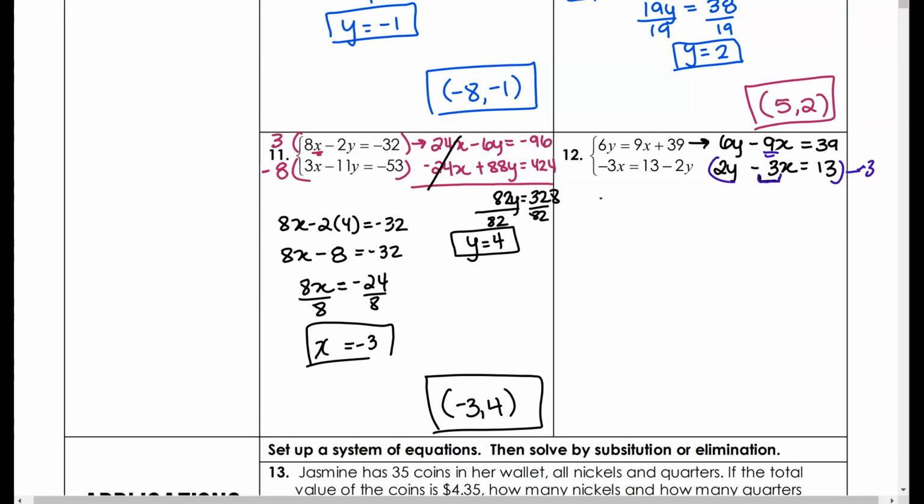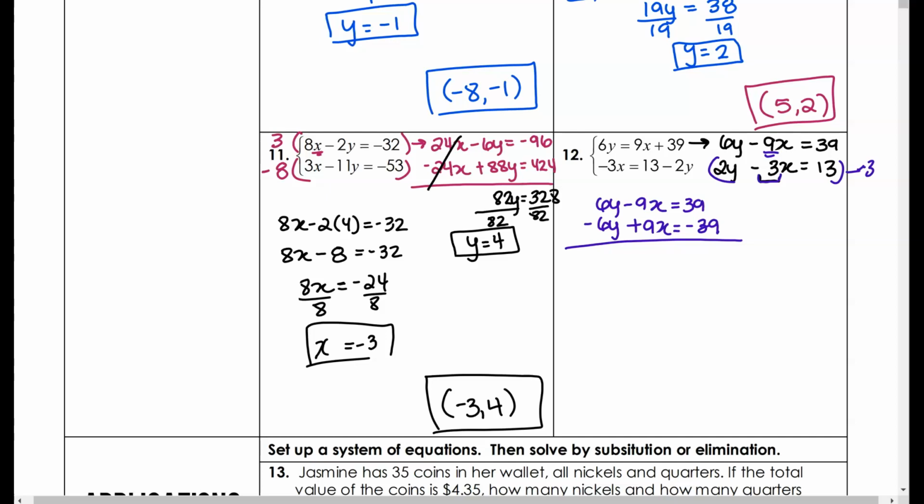So then that top equation still is 6y minus 9x equals 39. And then that bottom equation, it's going to be -6y plus 9x equals -3 times 13 gives me a -39.